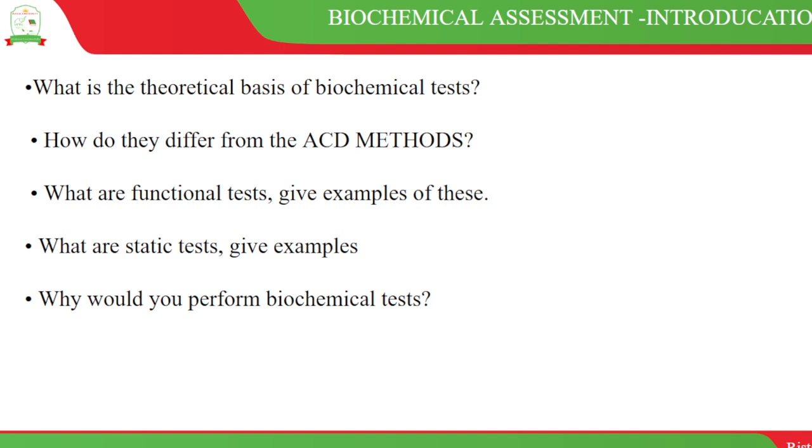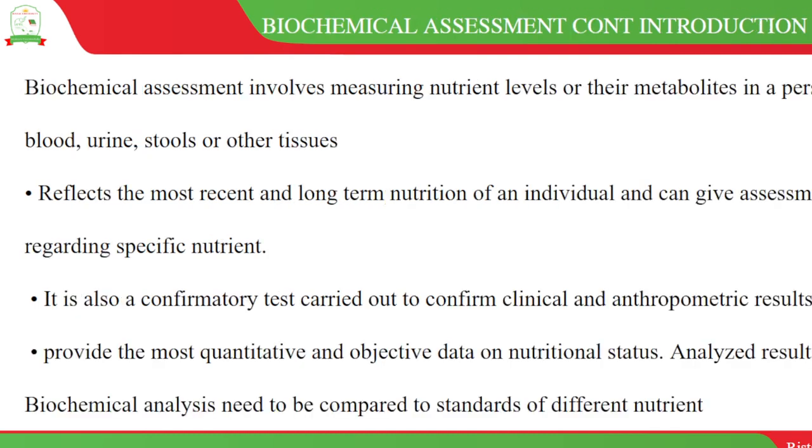We get to know what functional tests are, and then we give examples of these tests. We get to know also what static tests are with examples, and you should always be able to understand why you need to perform biochemical tests. And now to continue with our lecture, the biochemical assessment.